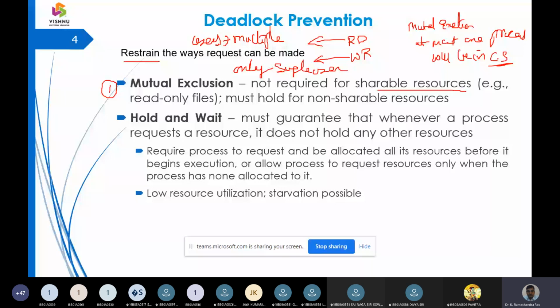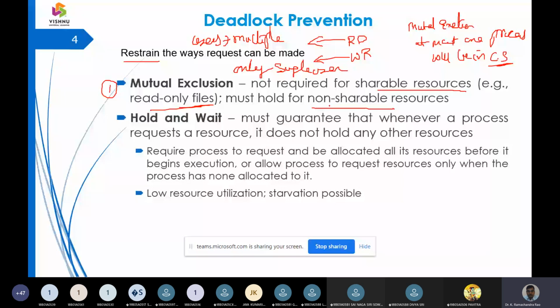Now, when do we see a single user or multiple users? If it is a read operation, it goes with read-only memory, and it need not hold non-shareable resources. If the resource is not going to be shared, then it goes with a write operation. If it is a read operation, then multiple users can come in to see at a time. In that case, read can happen.